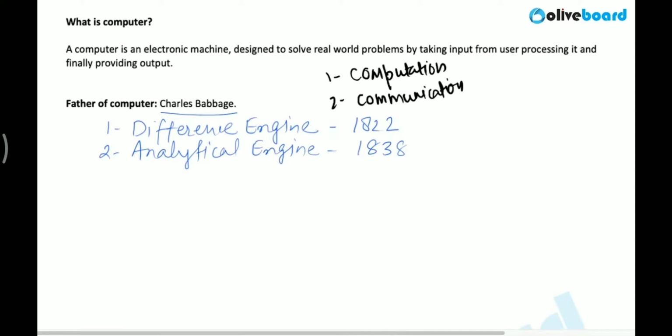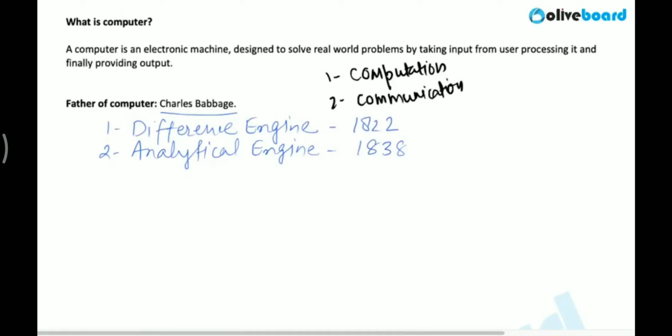This particular machine was developed around 1838, but the development of modern computers actually started around the 1940s, and the very first computer that was ever made in the 1940s was based on the concept of this analytical engine. Okay, and that is why we call Charles Babbage the father of the modern computer.